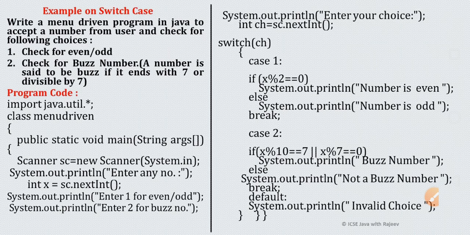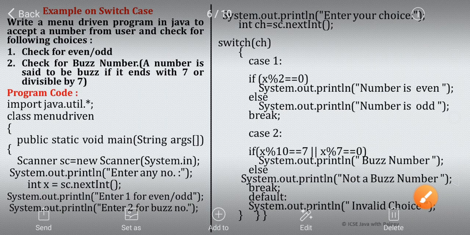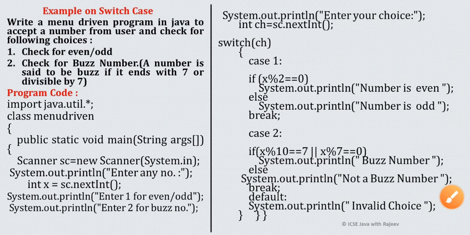Now the program code: I have written the main method, created the Scanner class, and accepted the number. Now these two lines represent the menu. First is, enter 1 for even number, enter 2 for buzz number. It means if the user wants to execute the code for even and odd, then the user will enter 1.